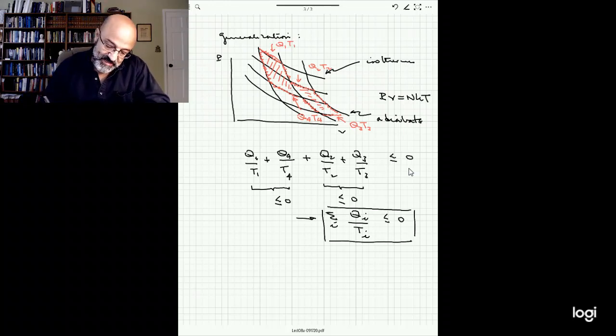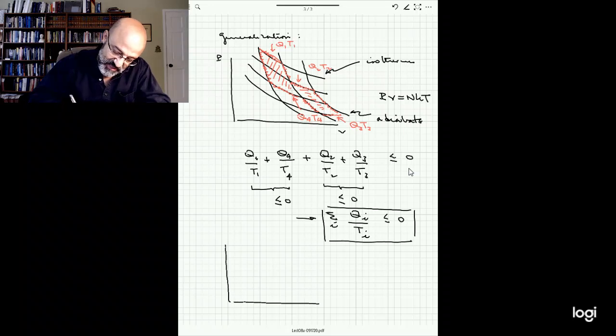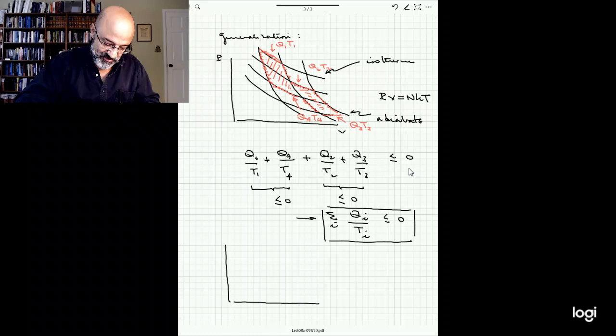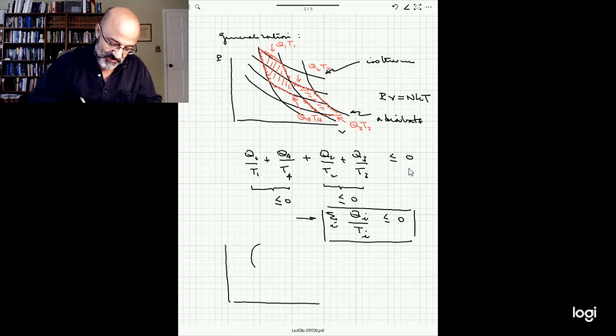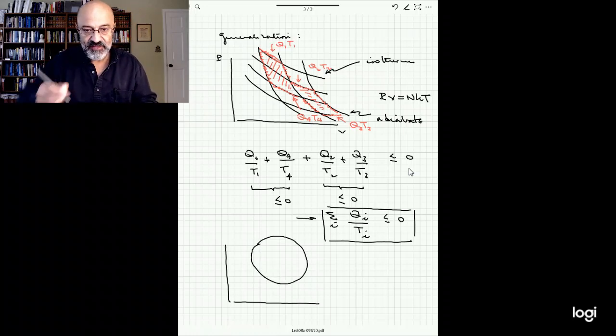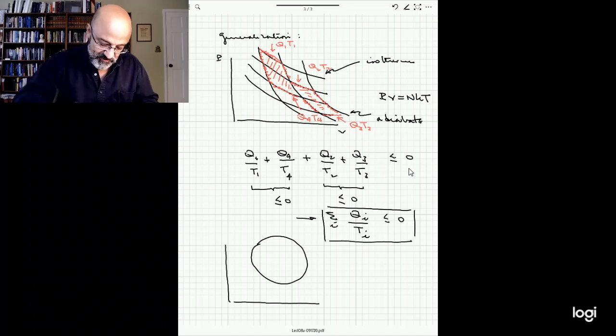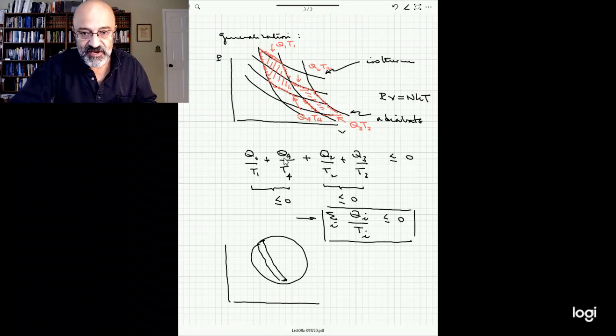Okay, the next crucial development in all of this is to recognize that any generic cycle, if you draw the slivers, well, this is difficult to draw, done reversibly is going to lead to, draw your adiabats, and for each sliver you can write down an equation of this type here.